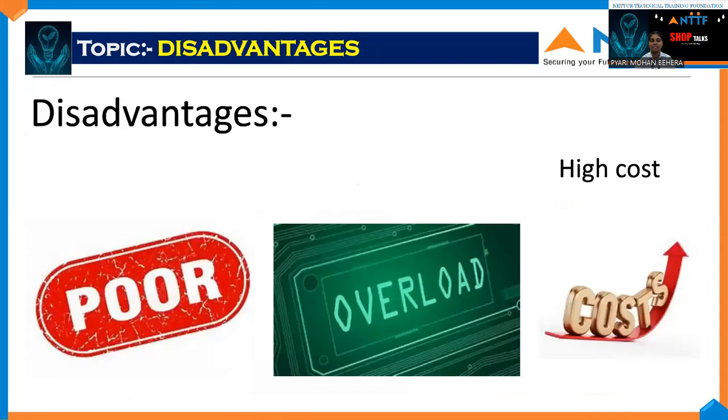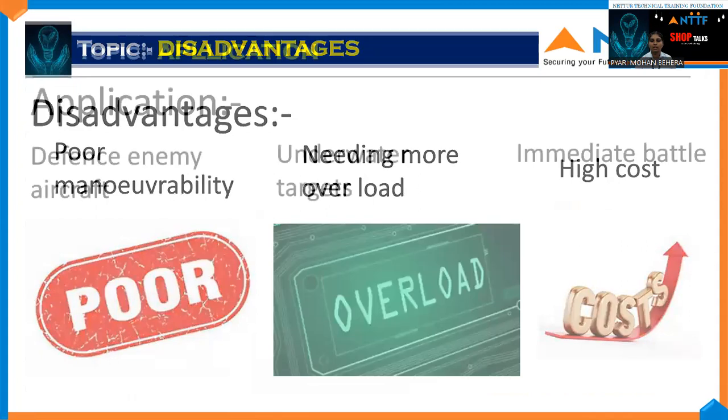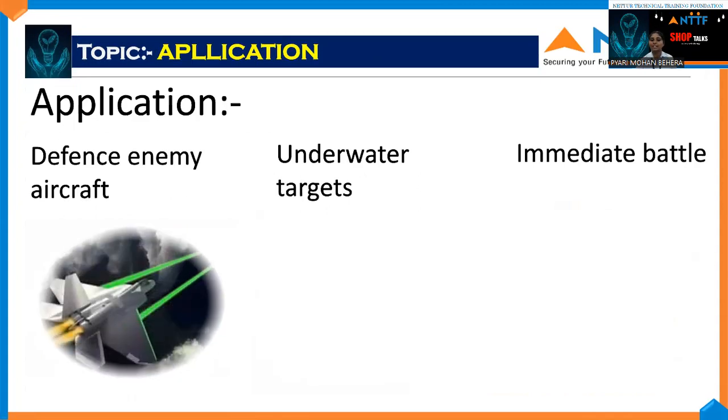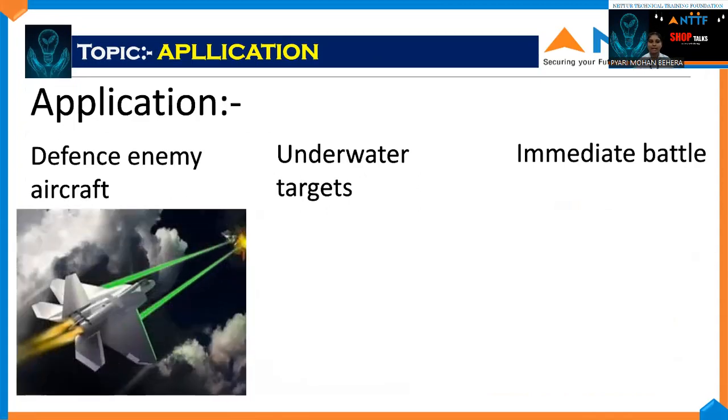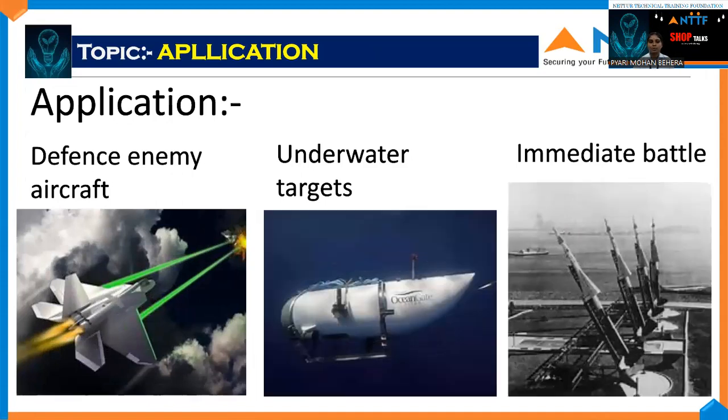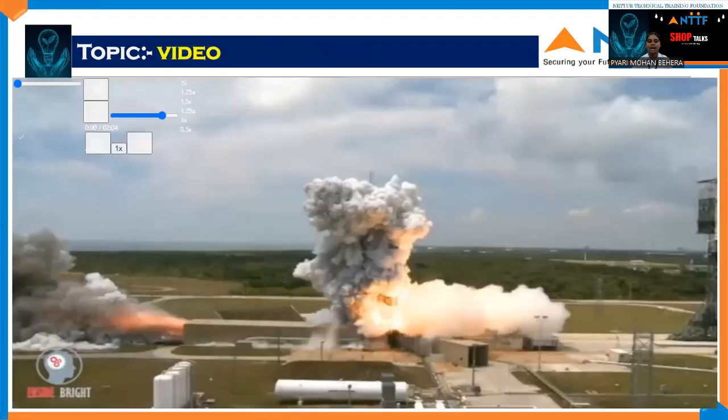Then disadvantages: poor maneuverability, overload, and high cost. Then the applications are defense against enemy aircraft, underwater targets, and immediate battles. There is a video available for this, showing how a missile works.